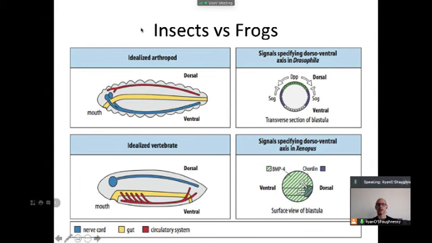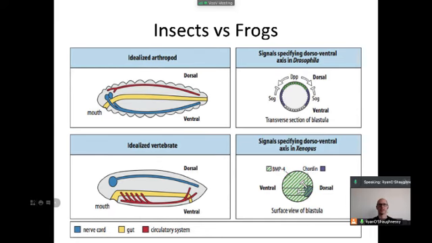So in our idealized arthropod, we have a dorsally patterned circulatory system, and our nervous system and spinal cord are ventral tissues. And this is because decapentaplegic BMP is deposited dorsally, and its inhibitor SOG is deposited ventrally.